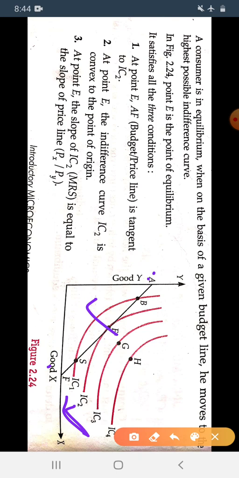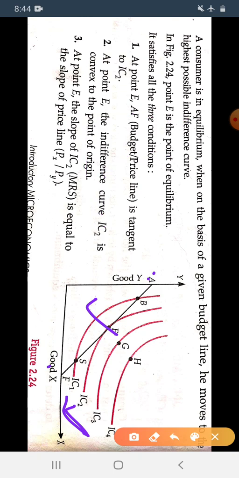Second, at point E the indifference curve IC2 is convex to the origin, so the second condition is also satisfied.